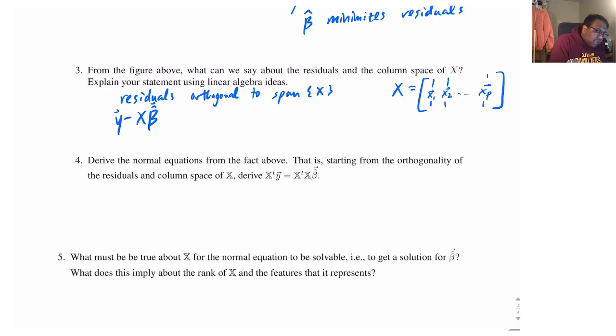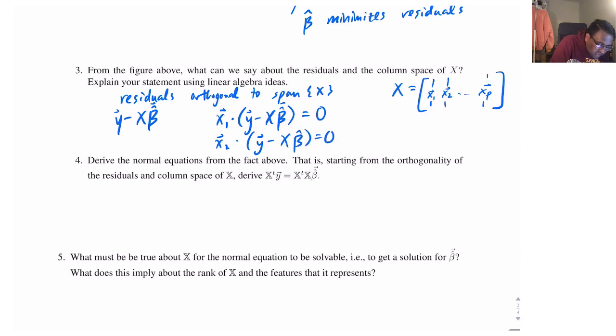So what I could say is that the dot product of x1 and y minus x beta hat should be 0. The dot product of x2 and y minus x beta hat should be 0, and so on and so forth, all the way until xp. All of these dot products should be 0.